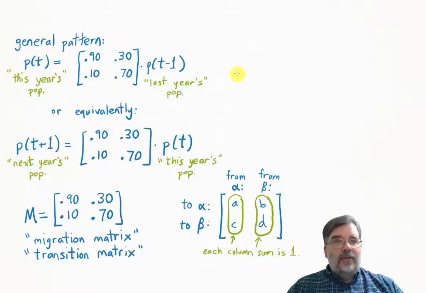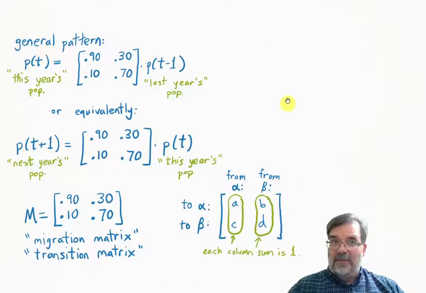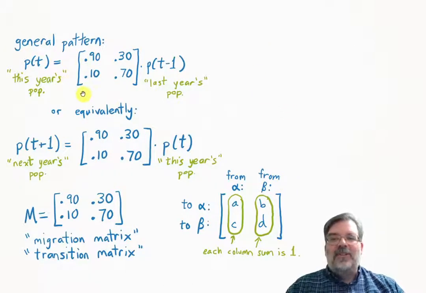And so the pattern here, right? Let me go back here. Notice this pattern, something times something plus something times something. That looks like a dot product style calculation. Whenever you see something like this, that means matrix multiplication is lurking in the background. So the general pattern is this.